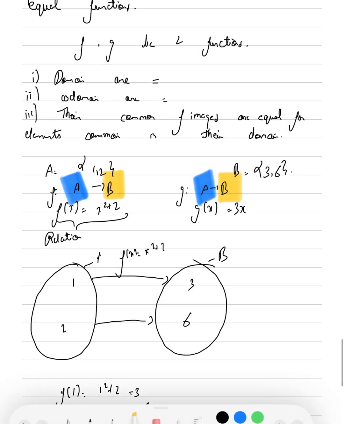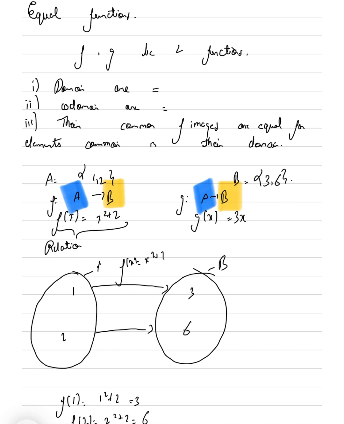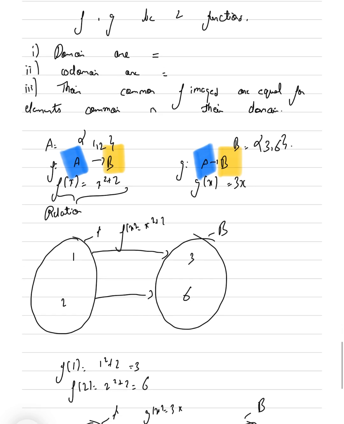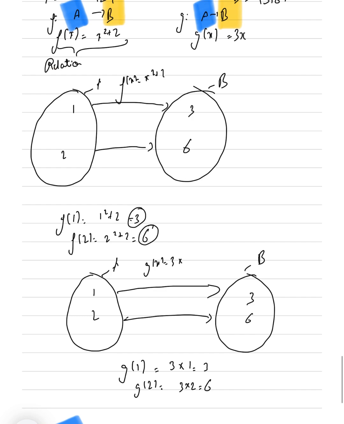And the final condition is that their common images are equal for elements common in their domain. What are the elements common in their domain? 1, 2. So f(1) we get 3, f(2) we get 6, and g(1) we get 3, and g(2) we get 6.